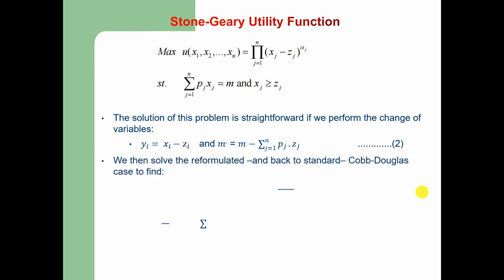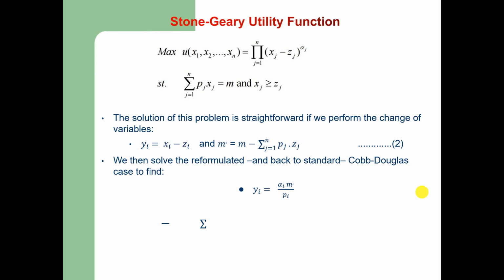We then solve the reformulated problem, back to the standard Cobb-Douglas function, to find that the Marshallian demand for yi is equal to alpha i times m prime divided by pi, and it means that the Marshallian demand curve for this reformulated variable yi is a positive function of the leftover income, and it is inversely related to the price of this reformulated variable.